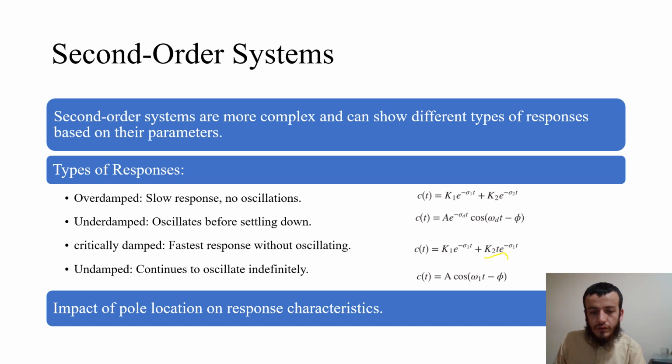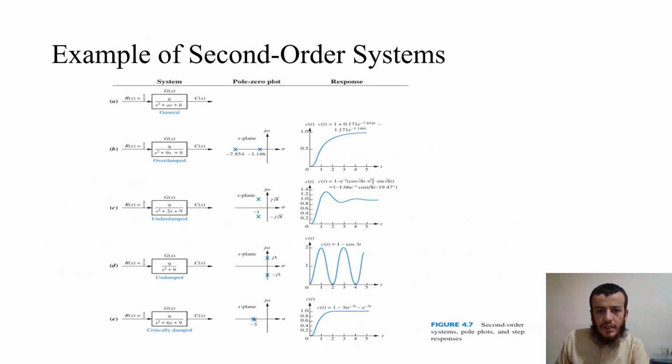Impact of pole location on response characteristics. Definitely the pole location impacts the characteristics of the responses. This example of the second order system has a simpler representation of the general representation, and under the representation the graph is shown.